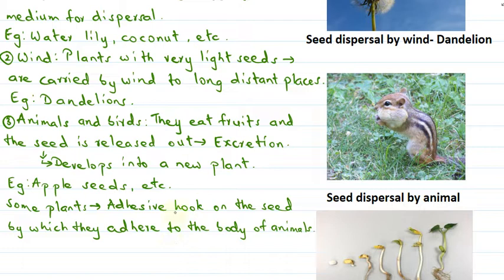So this is the way that animals and birds bring about the dispersion of seeds.